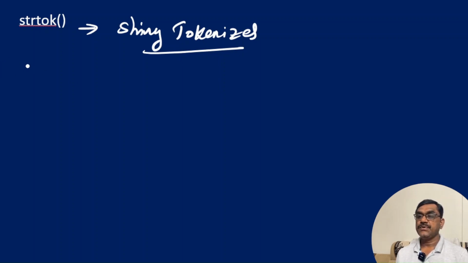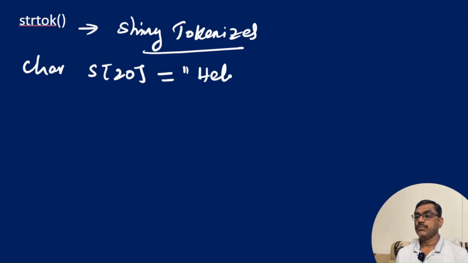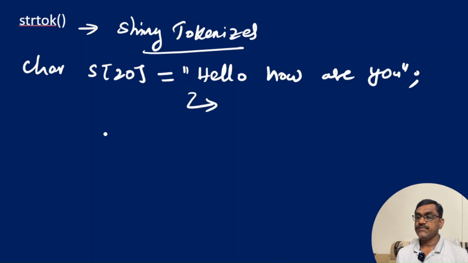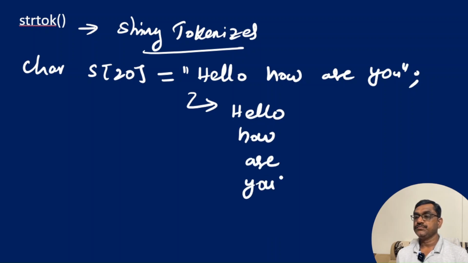For example, I'm taking a character array like this, and I'm assigning the string "Hello, how are you?" Now I want to divide this given string S into small pieces: the first one is hello, the second is how, the third is are, the last is you.